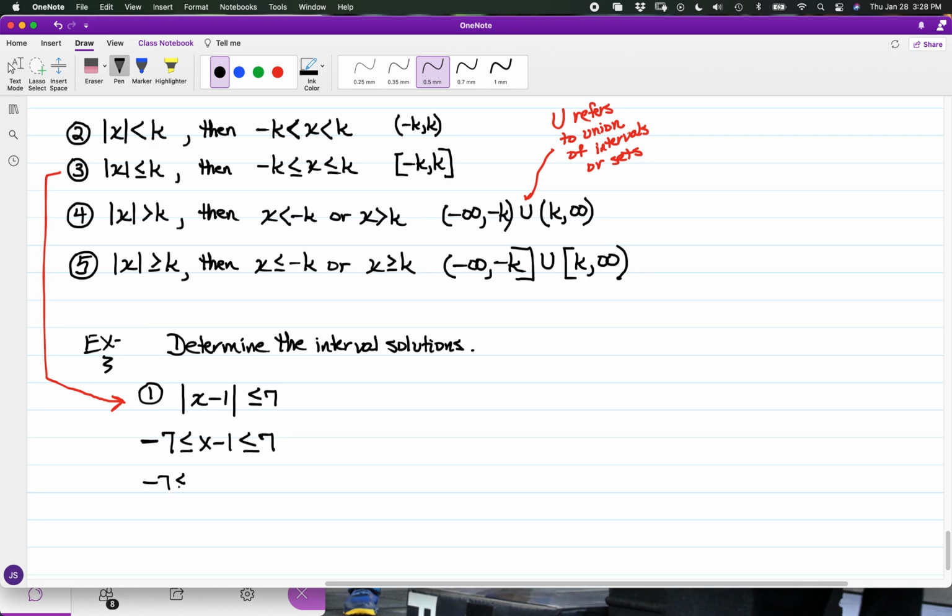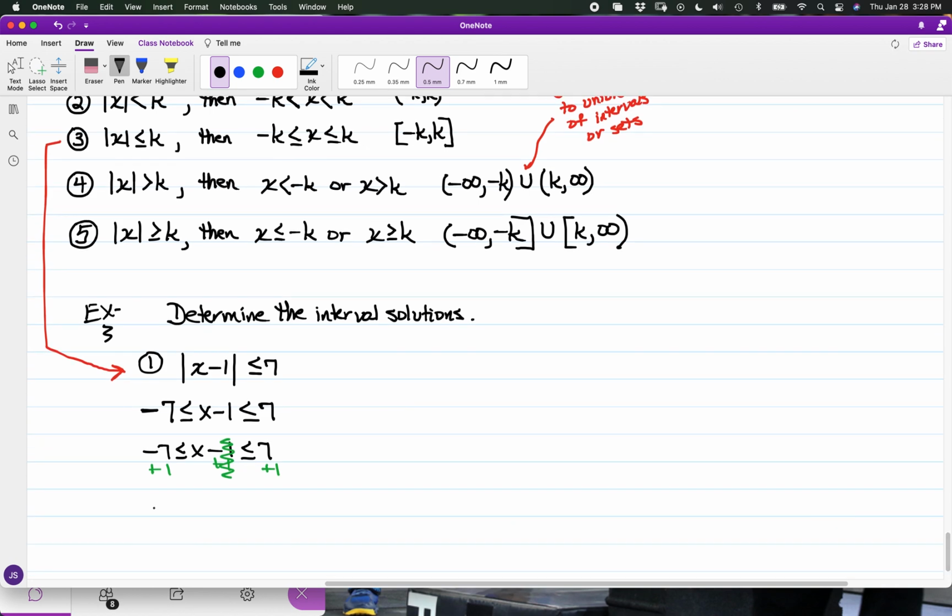And again, I'm still looking at solving for x. So to get x by itself, I'm going to add 1 to all sections of this compound inequality. So we have negative 7 plus 1, which is going to be negative 6.